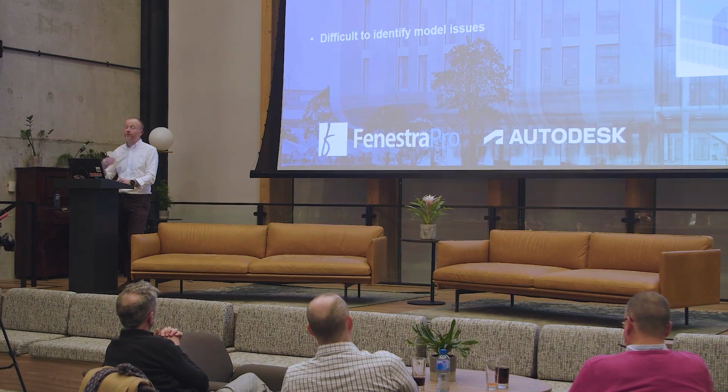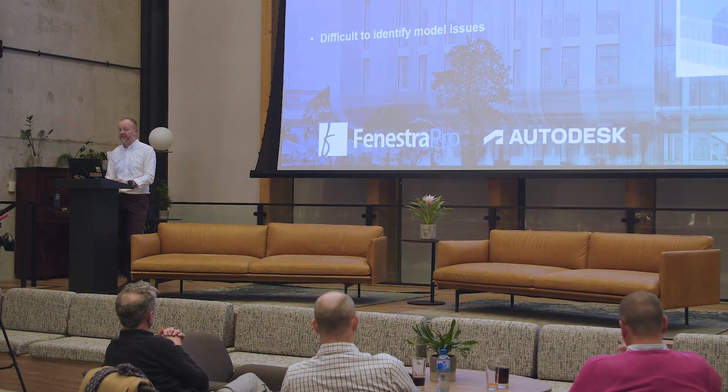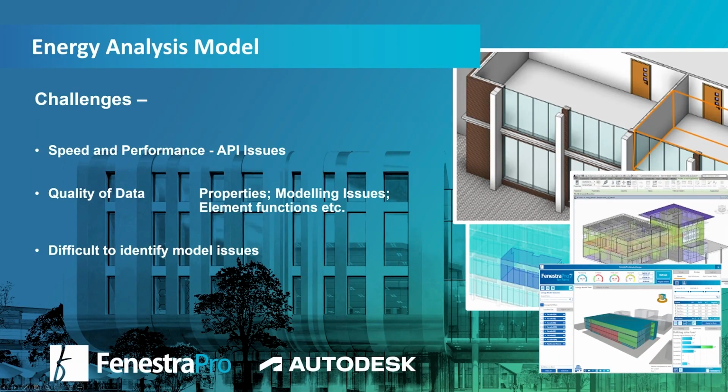The Revit API, additionally, can be quite slow depending on the size of the model and the things you're trying to do. And we've been trying to tackle that for a few years. How best to do that, and we've come up with some new workflows as part of version 7. And lastly, it's quite difficult to identify those problems. There might be warnings or issues there within the Revit model, but you're not really too sure what they relate to.